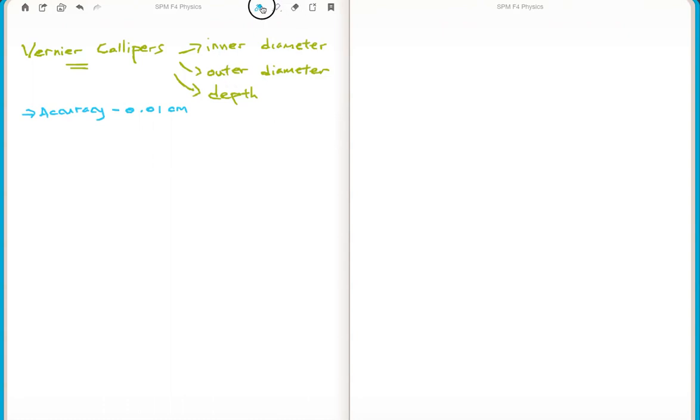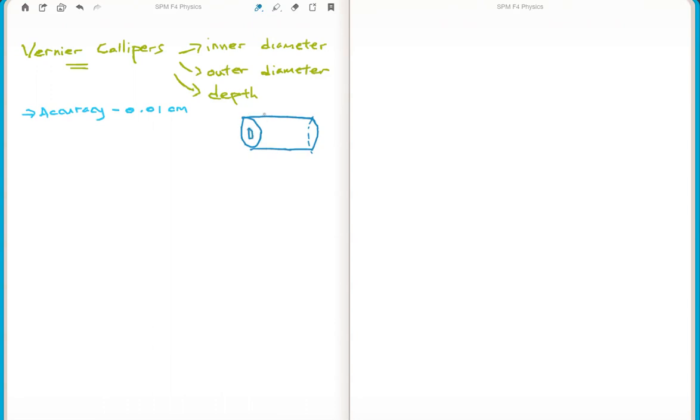Because what happens is, if you're given an object like a cylinder, you think of a cylinder or a tube, a tube of a very thick wall, then how good to measure?